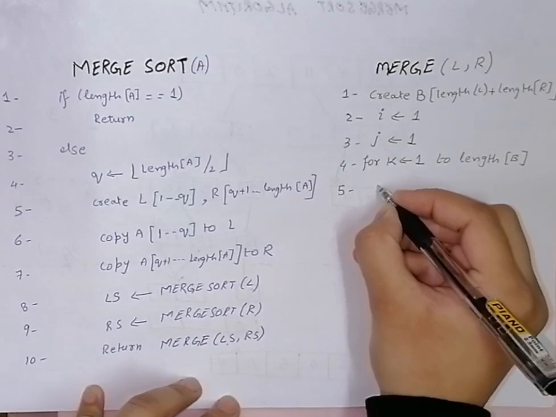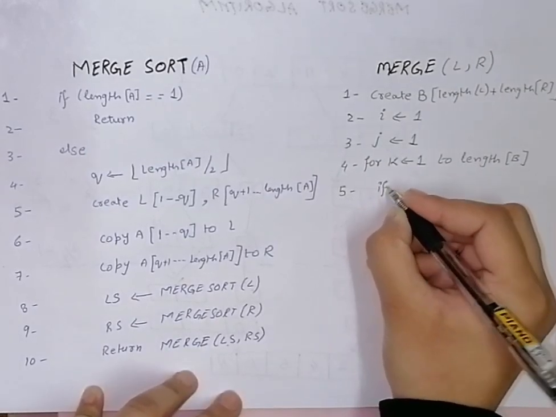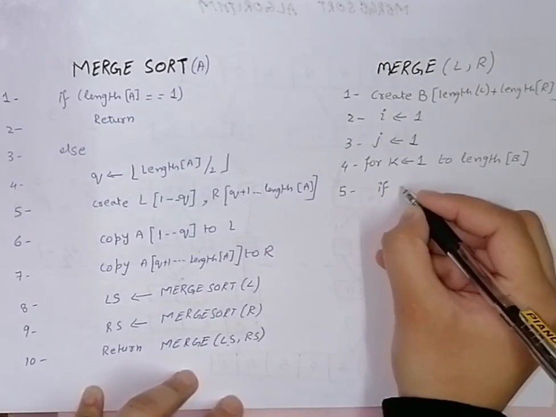which value is smaller. So inside this for loop I'll write two conditions.